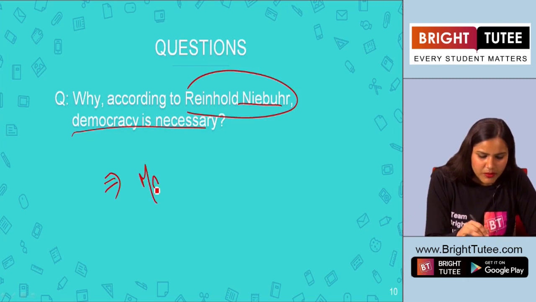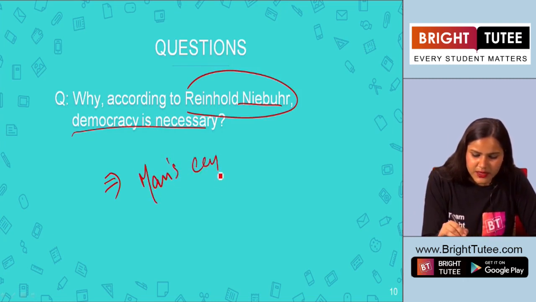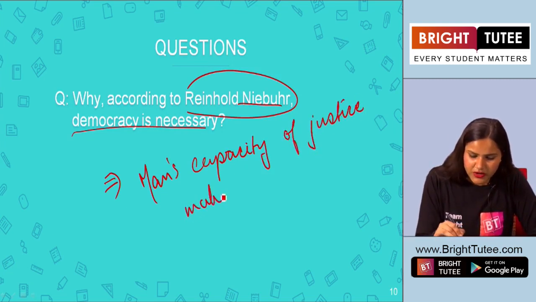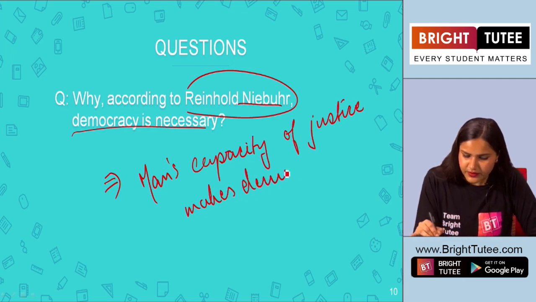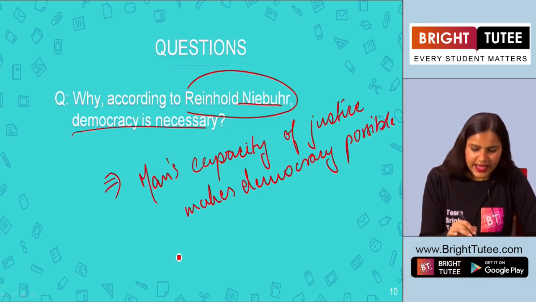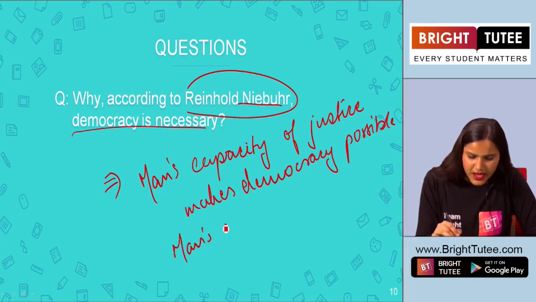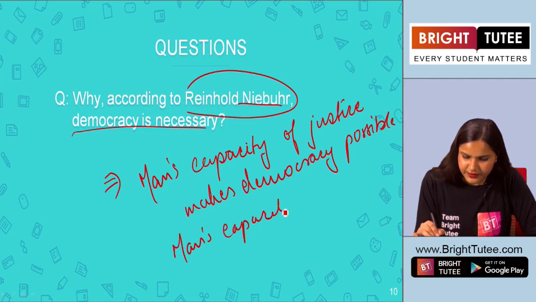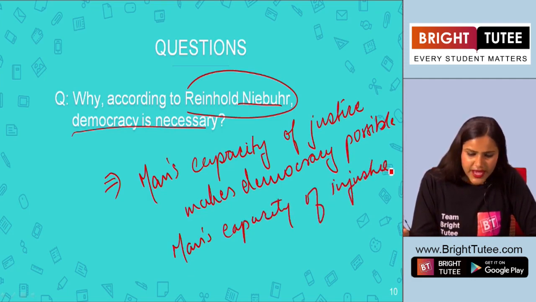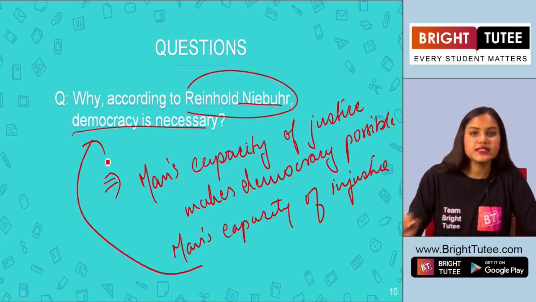So, he told about man's capacity of justice. It makes democracy possible. Do you remember? We just have talked about it. And man's capacity of injustice makes democracy necessary.